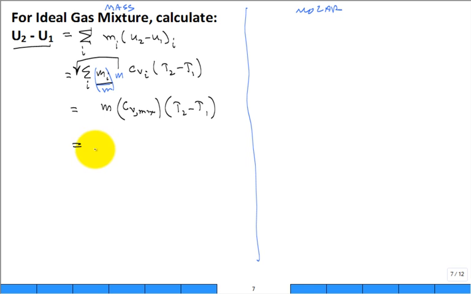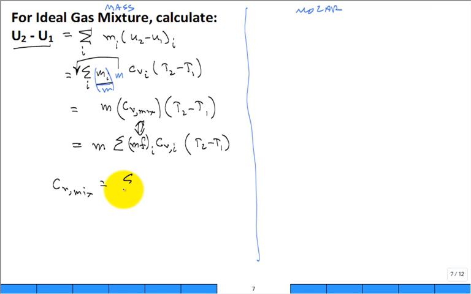So what you pick up is m times the sum of the mass fraction of each component times the specific heat at constant volume of each component times T2 minus T1. And then you say, oh, I see the analogy, I can now see what the appropriate mixture specific heat on a mass basis is: it's equal to the sum of the mass fractions times the individual component specific heats.